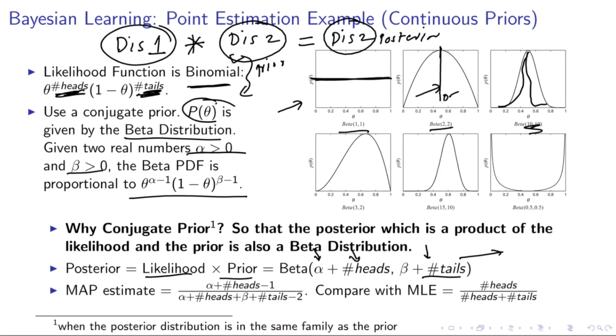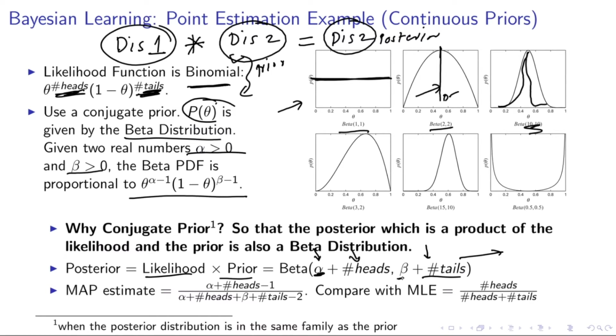Okay, so one way of looking at this is that what the prior distribution does is it adds extra heads and tails to your likelihood function. Okay, so when, let's say, alpha is equal to 1, the beta distribution looks like your original heads plus an extra added 1 to it.